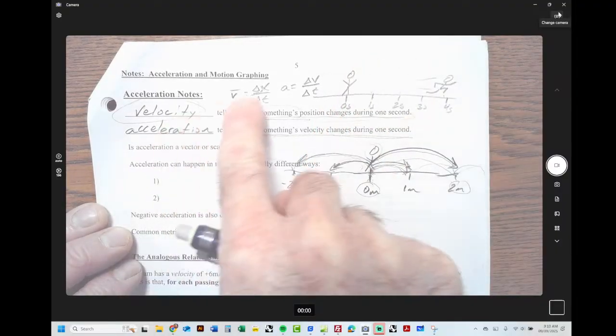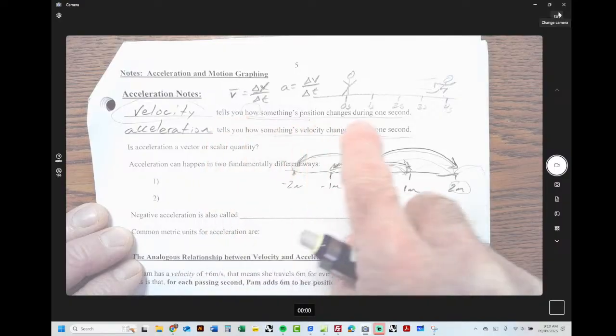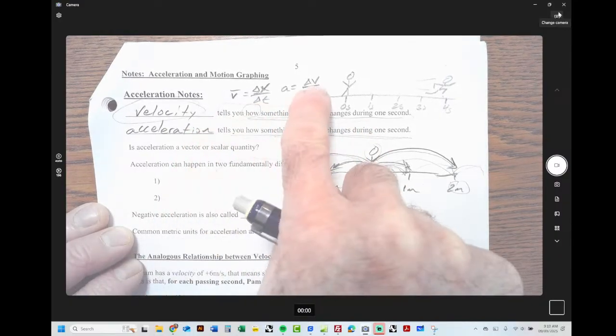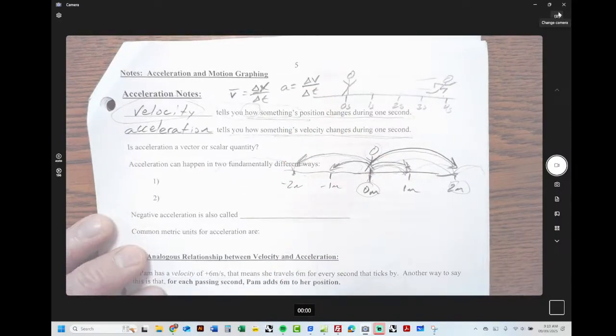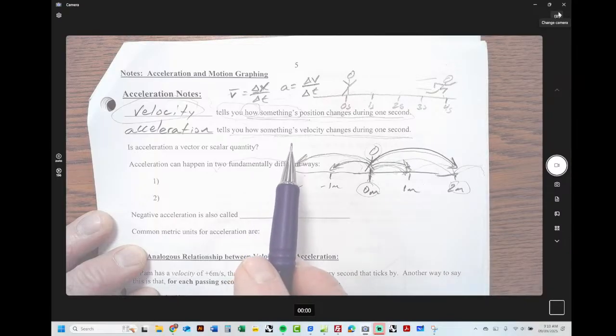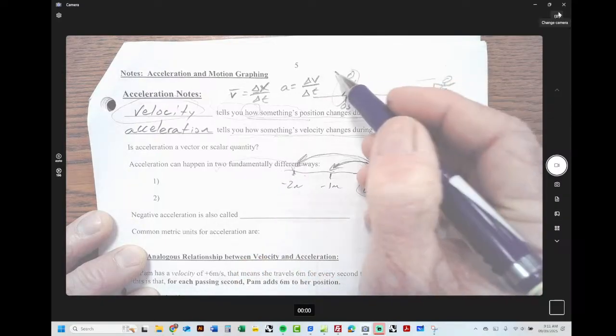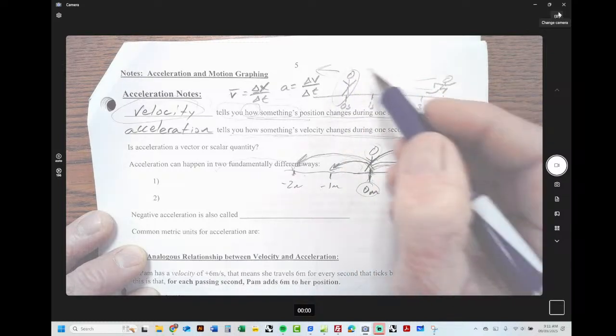So this one is telling you how your position changes each second, and this one tells you how your velocity changes each second. So can you accelerate to the left or the right, or do you always have to accelerate one direction? Can this person accelerate this way? Yeah. Can they accelerate that way?